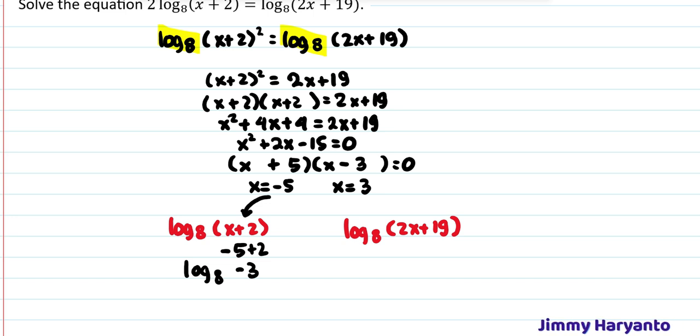That means you have to reject this one. And then if we input the 3 into this expression, you'll have 3 plus 2, it's 5. It's okay. And then for this one, it will become 2 times 3 plus 19, and it's still greater than 0. So this one is okay. That means the only solution is x equals 3.